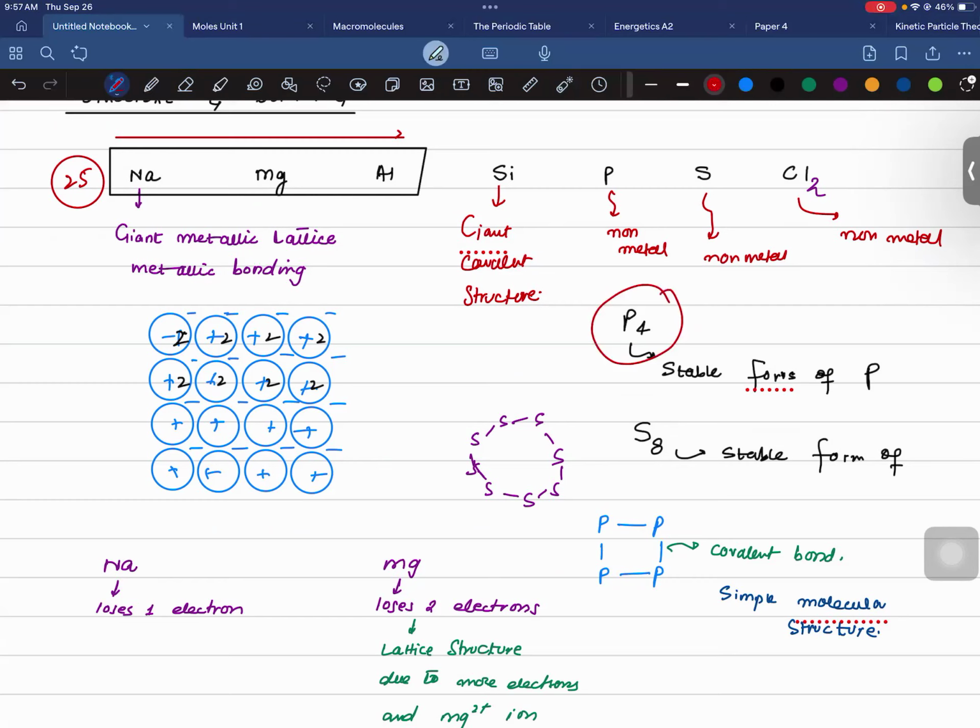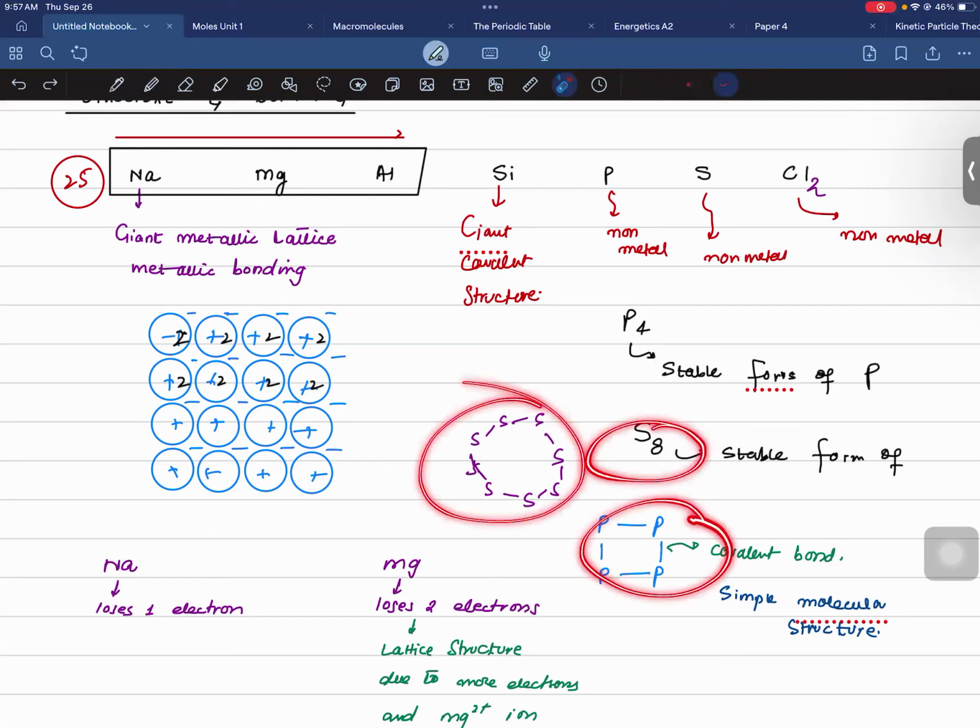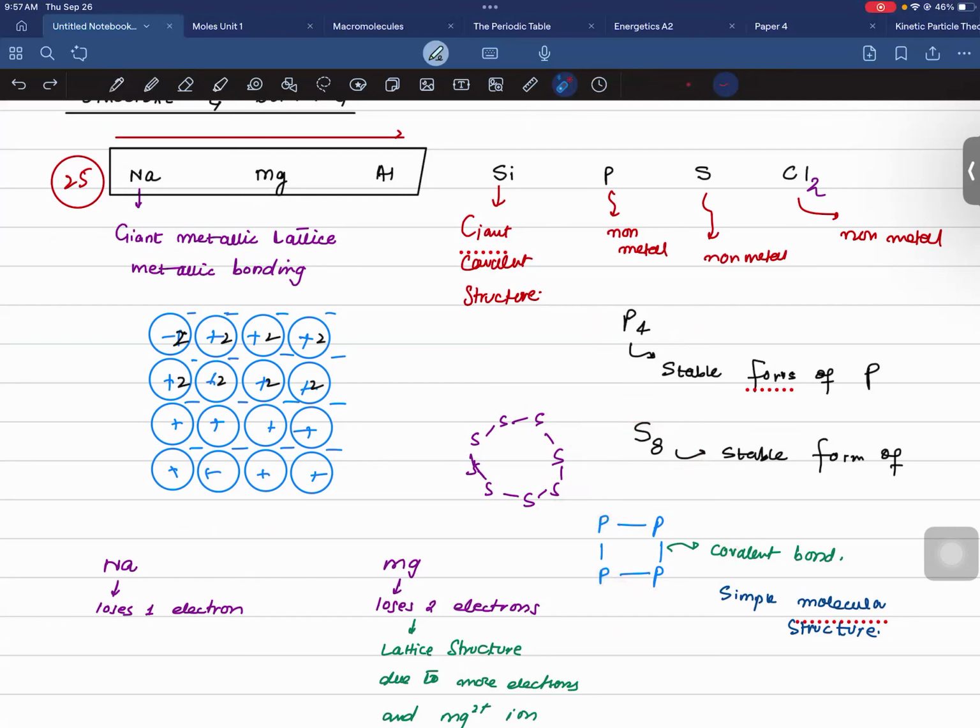Phosphorus is P4 and sulfur is S8. More bonds, more electrons. More electrons means a stronger force of attraction, and a stronger force of attraction needs to be overcome with a high energy.